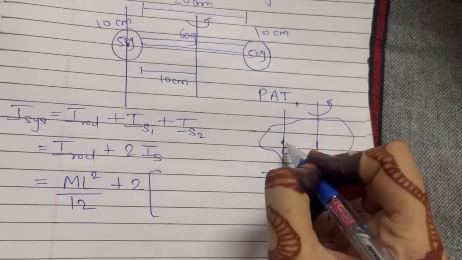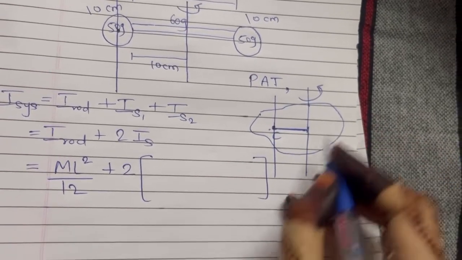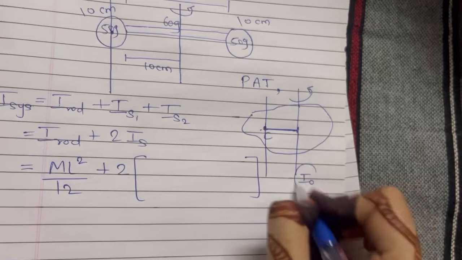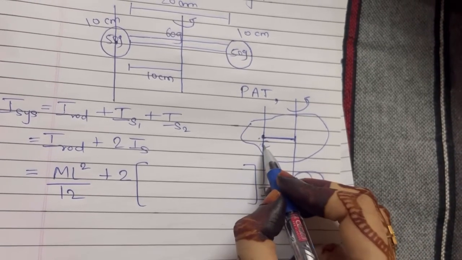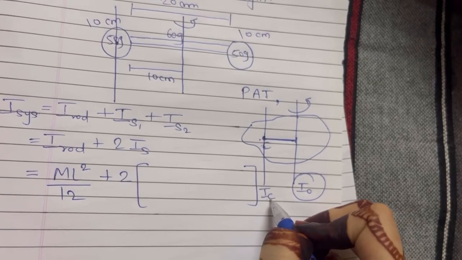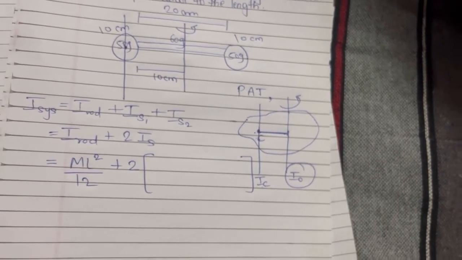This is the perpendicular distance between the two axes. This is your main axis of rotation and this is the central axis. Here IC is the moment of inertia along this central axis.